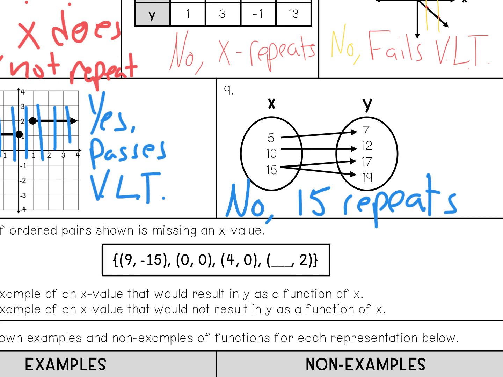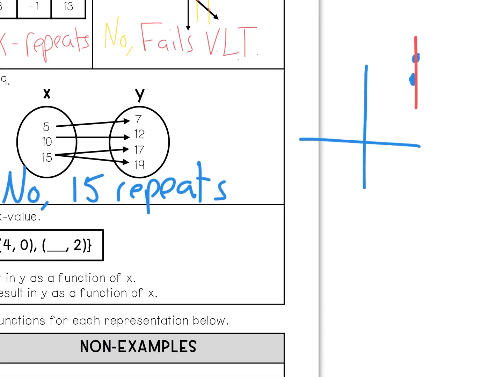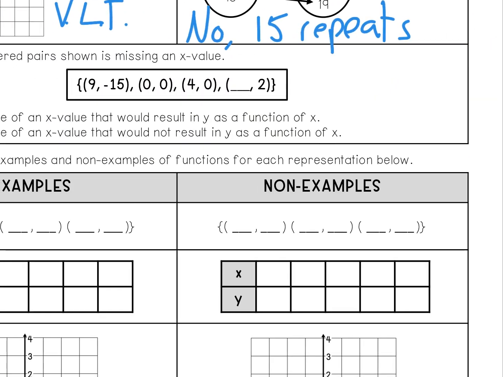On a graph, it would look like this for 15: 15, 17 is here, 15, 19 is there, and it would fail the vertical line test. That's why the vertical line test works, because it tests whether x repeats, right?